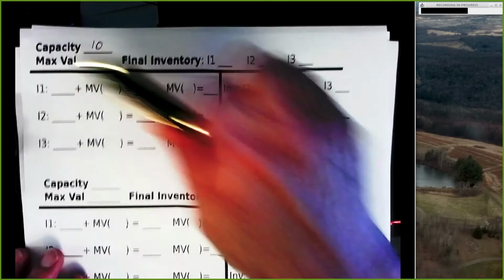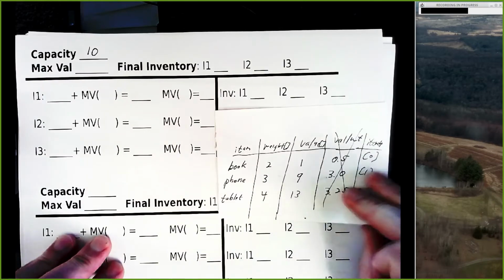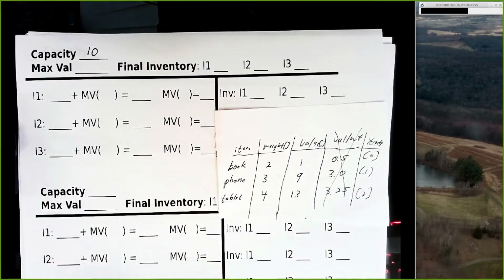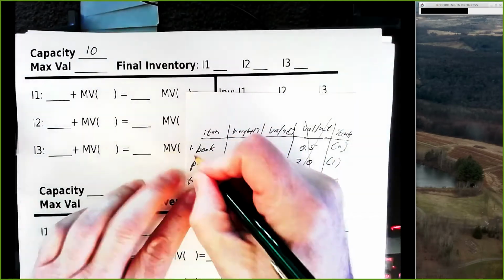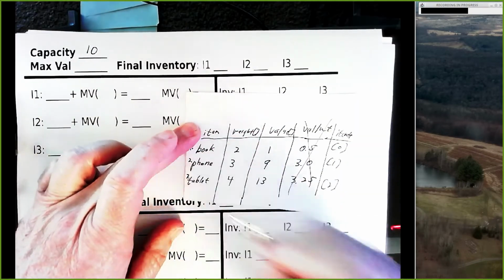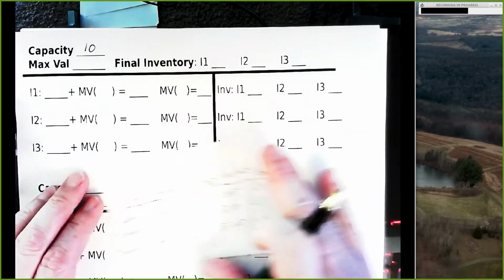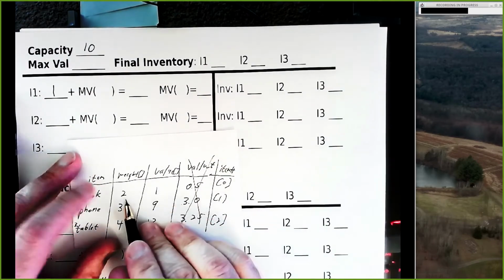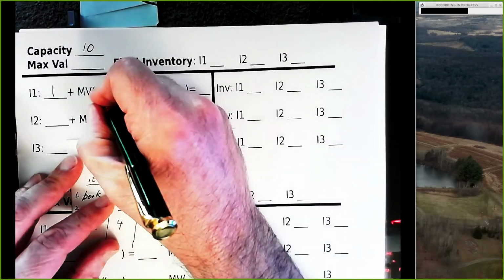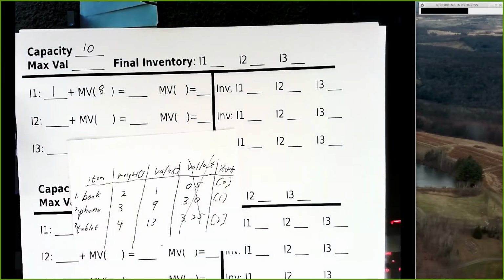All right, so we're calling maxval with a capacity of 10. And we have 3 items, item 1, item 2, item 3. If we start with item 1, the value of that is $1, and the capacity is reduced by 2 pounds, so whatever maxval of 8 returns, that plus 1 will be the value we get from starting with item 1.